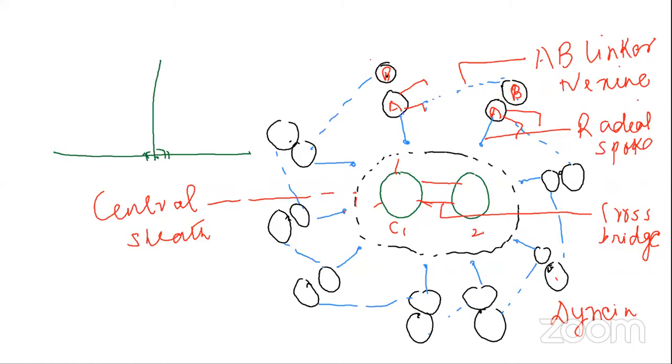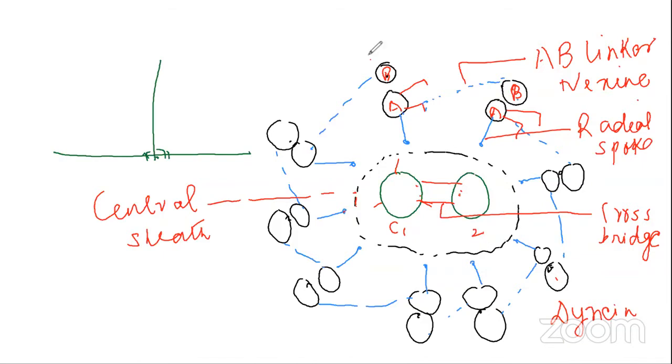So let us now differentiate between cilia and flagella on the basis of types. This internal structure is clear to you. What you get is how the peripheral microtubules are connected to each other, how the central microtubules are connected to each other, and which sheath surrounds the central microtubules.